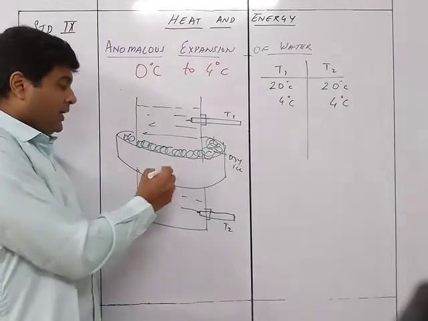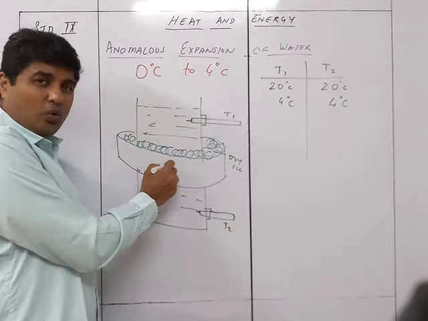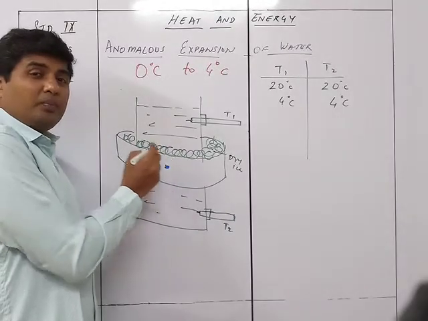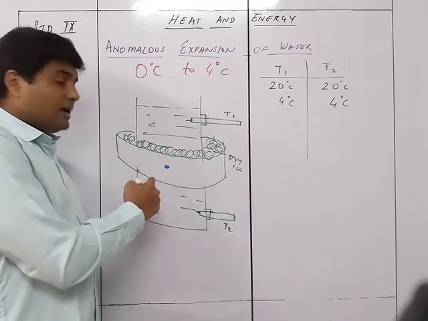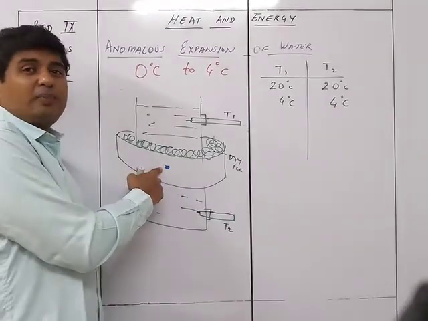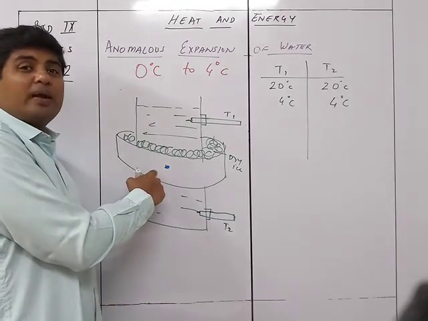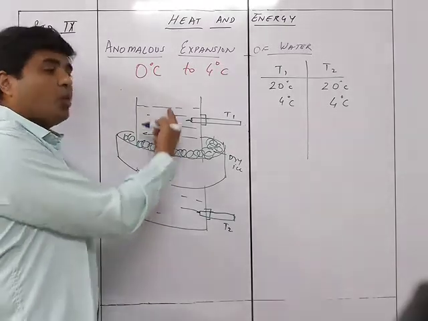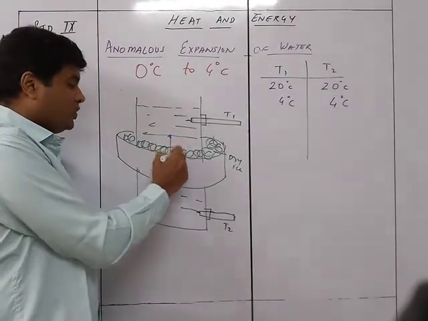So when the molecule is cooled, because of anomalous expansion, the molecule, instead of getting denser and sinking downwards, will become less dense and will start floating upwards. So that's why the cool molecule is just going to travel upwards.